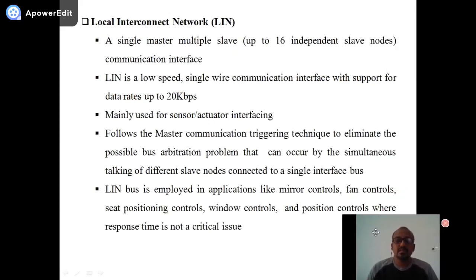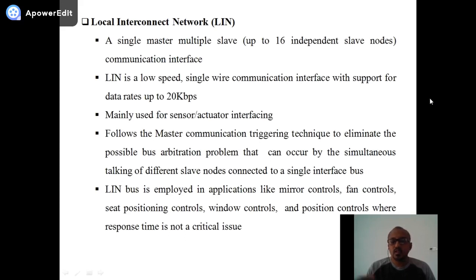So next, another type of protocol used in the automobile industry is LIN, the Local Interconnect Network. This is a single master and multiple slave bus protocol, where a maximum of 16 slave nodes can connect to the master.